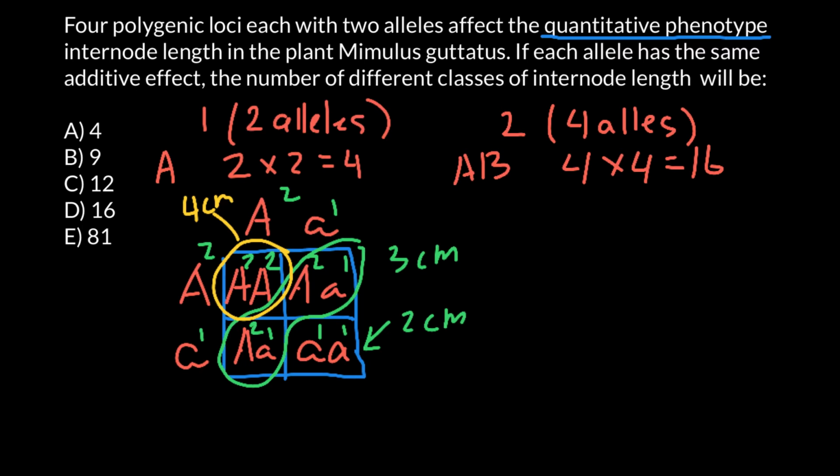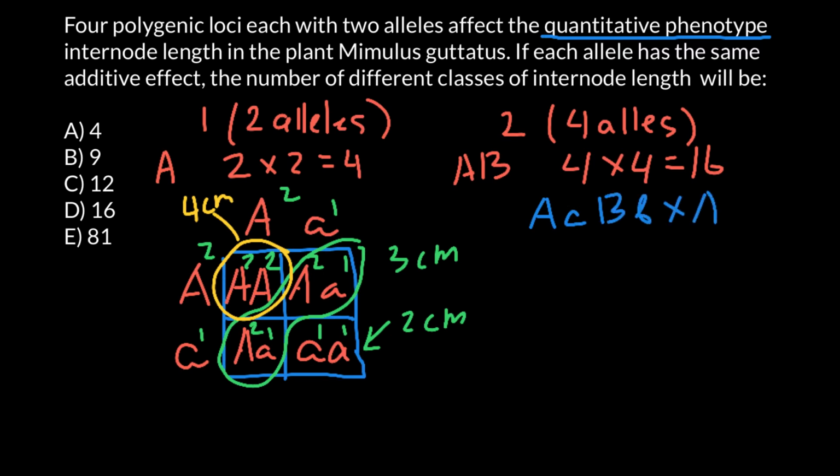You should remember it. It should remind you of the Punnett square that we get from the dihybrid cross, when we cross 2 dihybrid plants whose genotype would be, say, capital A small a capital B small b.